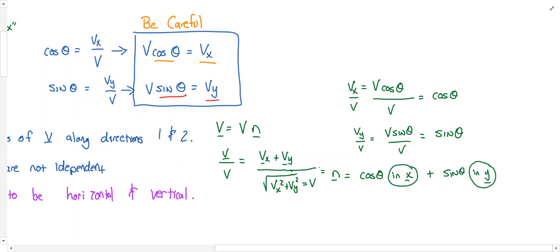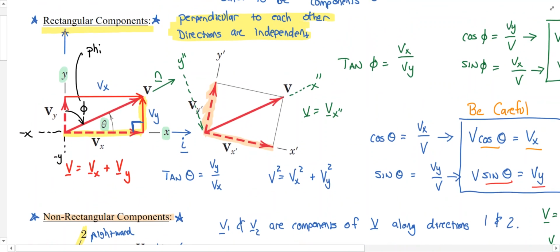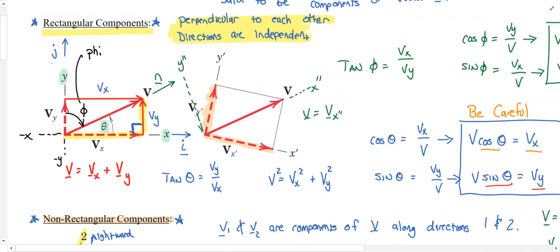Well, it turns out we have to give unit vectors for x and y. And you should remember this from physics. The unit vector that tells you the x direction is i, and the unit vector which tells you the y direction is j.